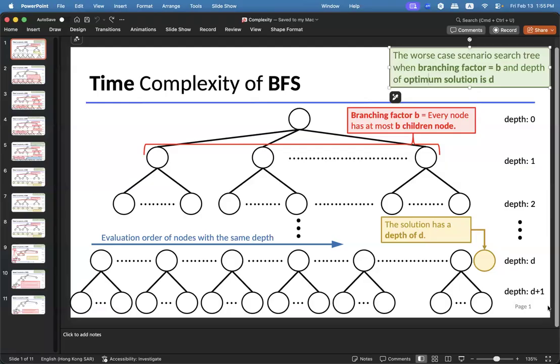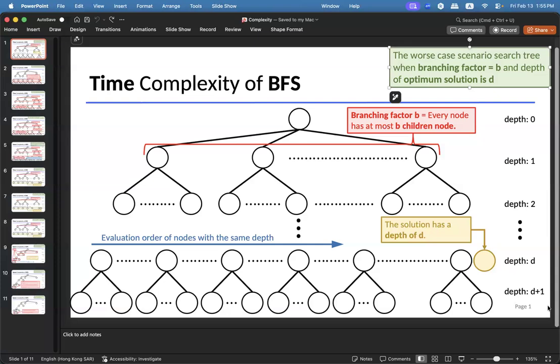So you can see a very long layer of nodes with a depth of D plus 1. It makes sense, right? The thing still clicks in, right?